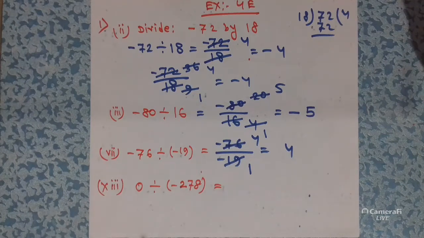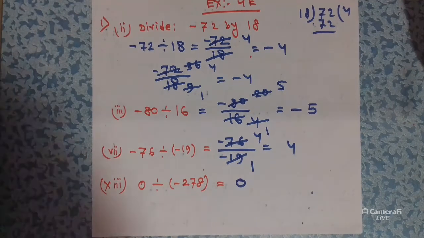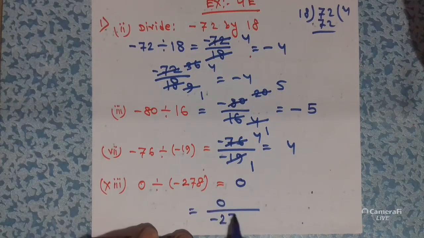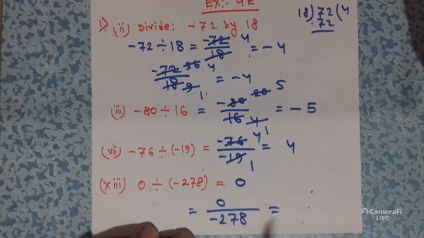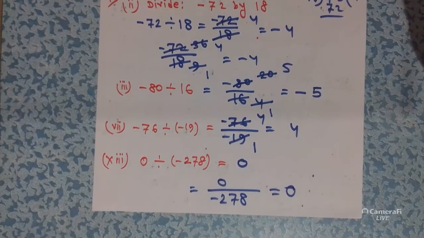Similarly, if we divide 0 by any number, it will be 0. Okay students, you can write it directly, or if you want you can show it, that 0 divided by 278, and 0 divided by any number is 0. I repeat once again, 0 divided by any number is always 0. Okay, I hope all of you understood.